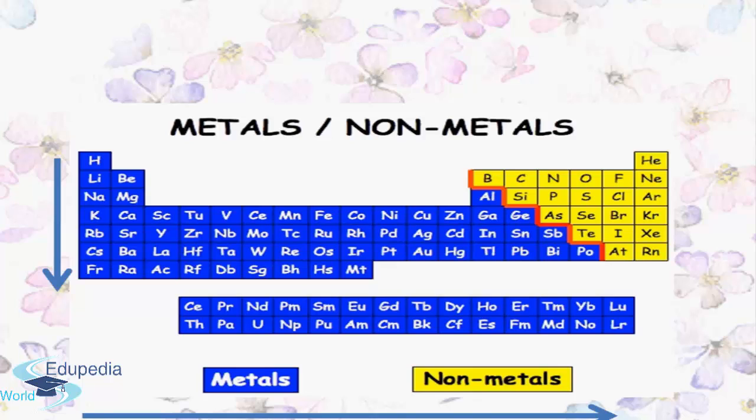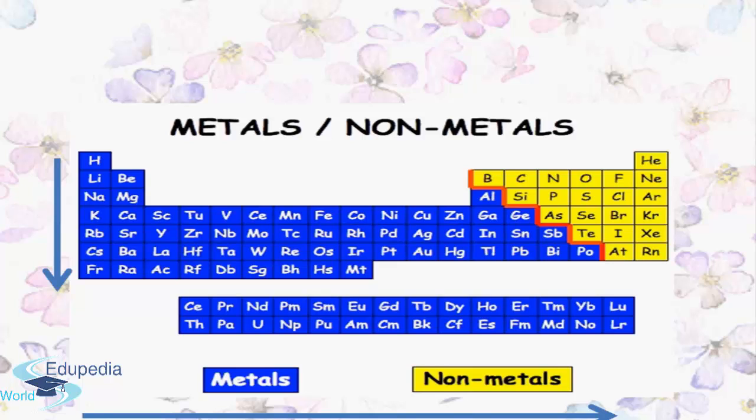So now let's come to the modern periodic table. We know the arrangement of metals to non-metals. When we move from left to right, we move from metals to non-metals, and when we move from top to bottom in a group, we move from lower metallic property to higher metallic property.